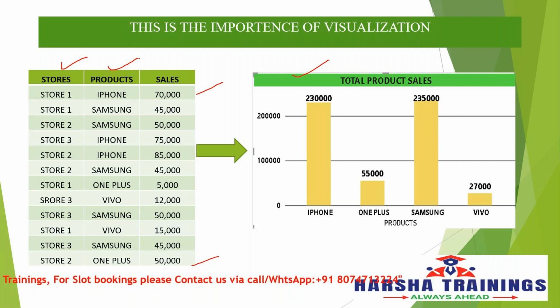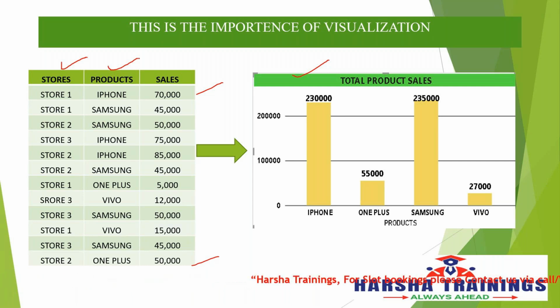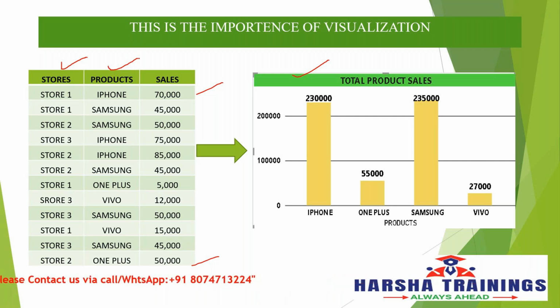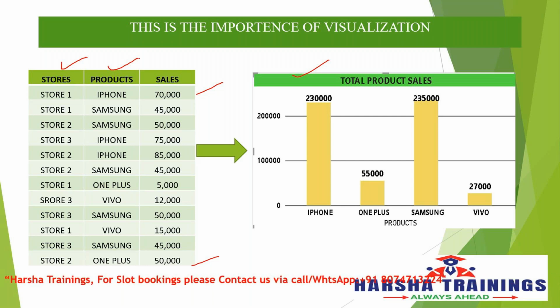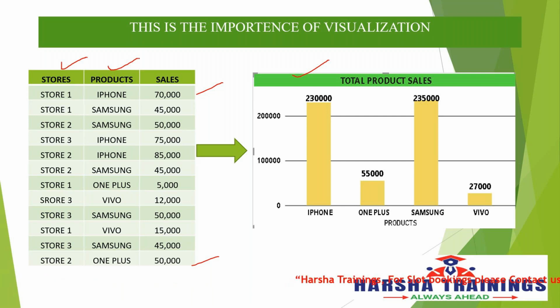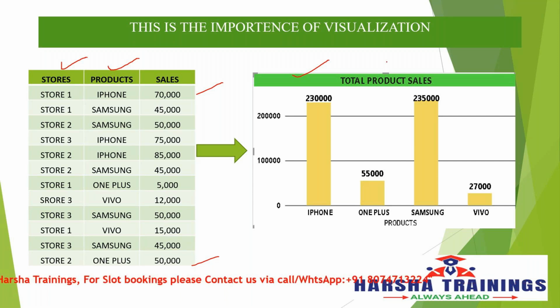But right now we have only 12 records. In real time, there will be thousands of records, millions of records, 10 million, 20 million, 80 million records. How are we able to solve these requirements? By creating visuals.